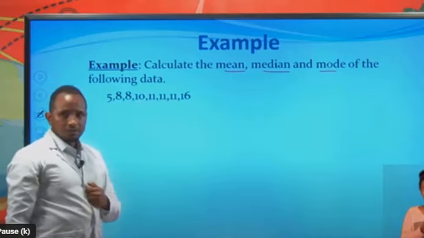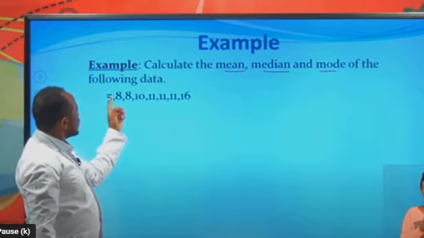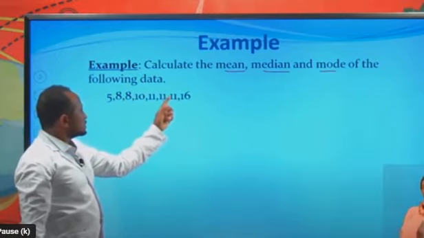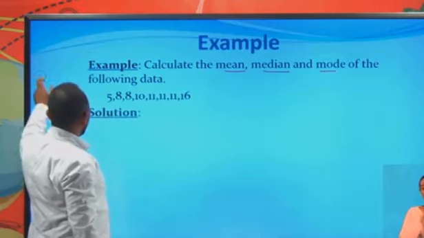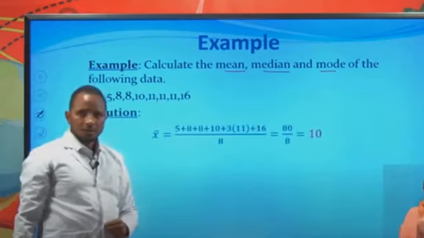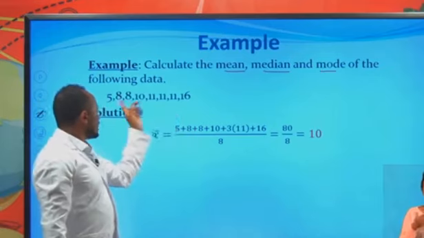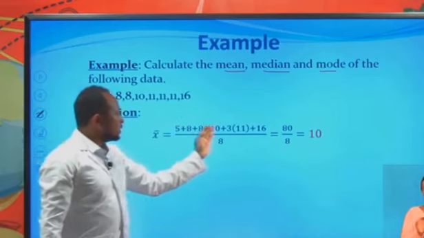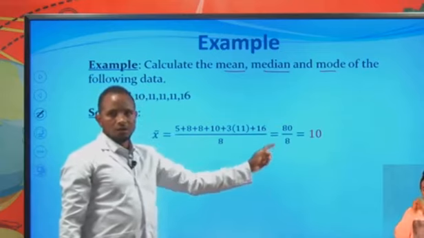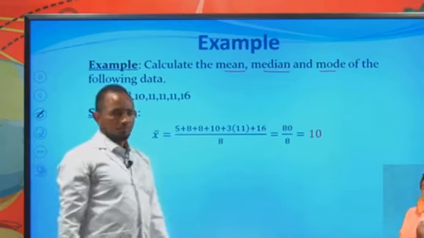It's arranged in ascending order. We have how many data? 1, 2, 3, 4, 5, 6, 7, 8 data here. So first let's find its mean. The mean is simply computed by adding these and dividing by the total number of data, 8. So when you add these, you get 80. 80 divided by 8 gives you 10.